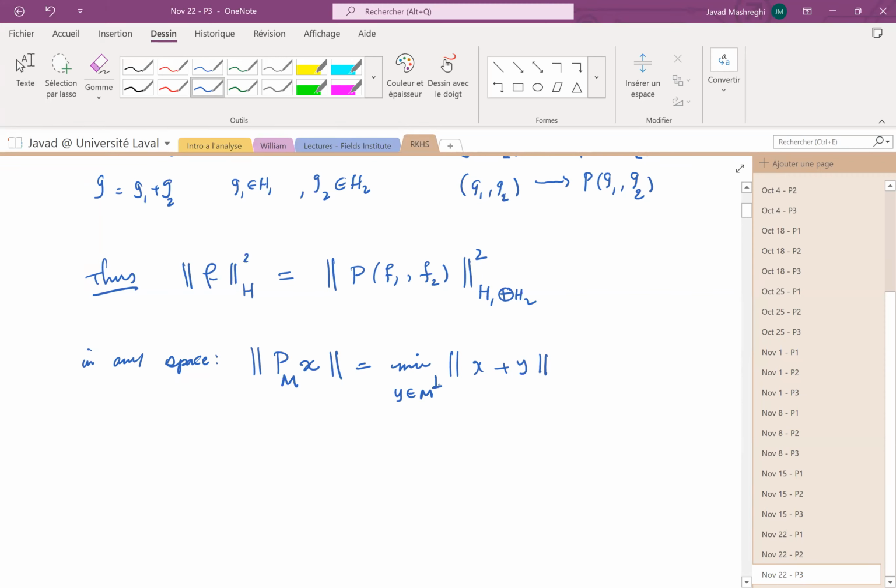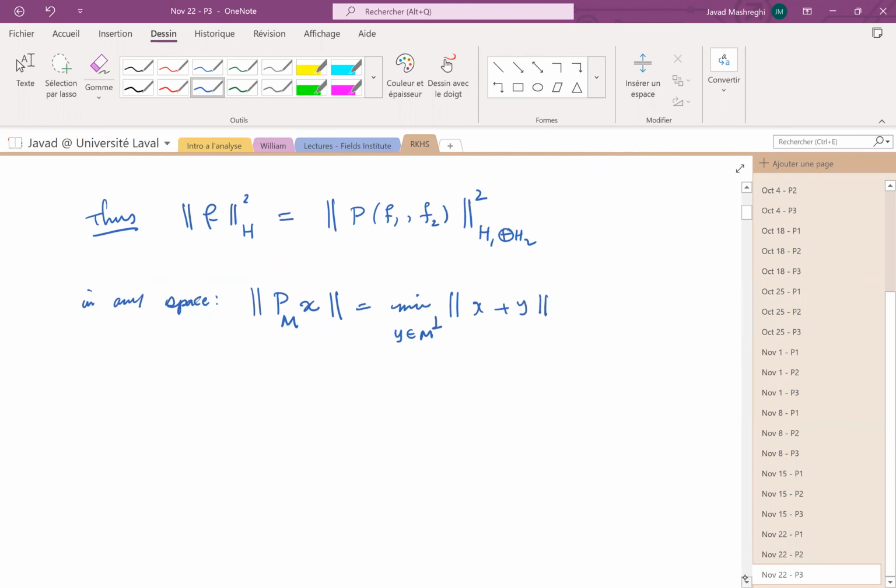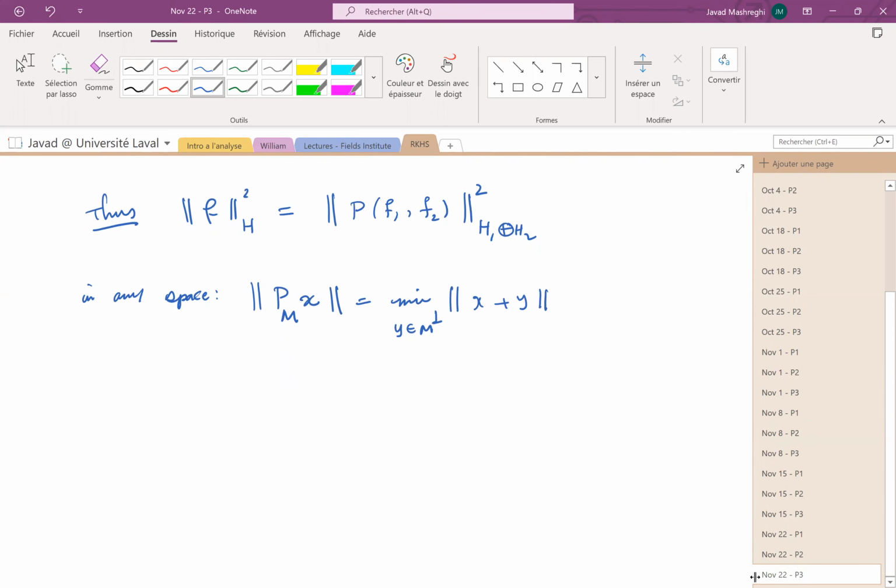That's very easy and standard. And therefore here I can write the norm of F in space H squared, which by definition is the norm of P, and note that P is the projection on N perp.